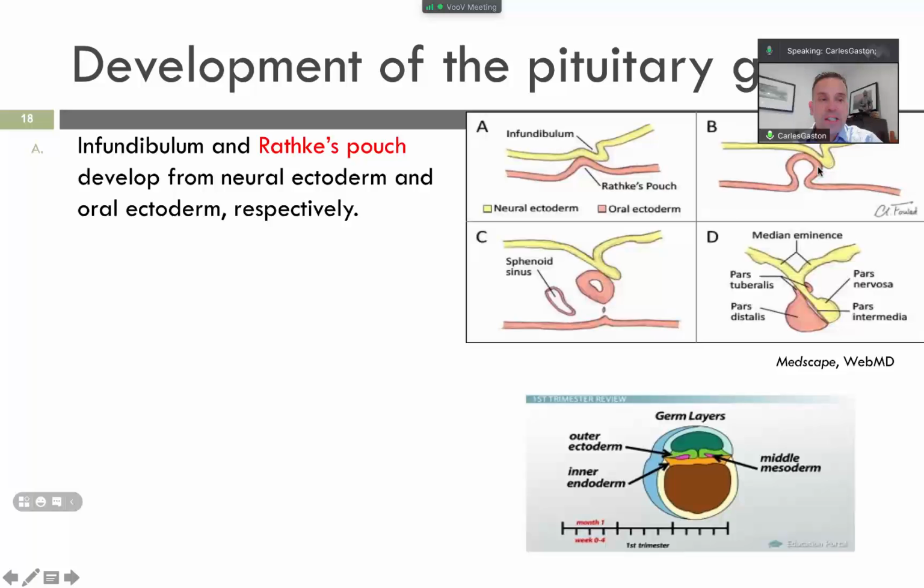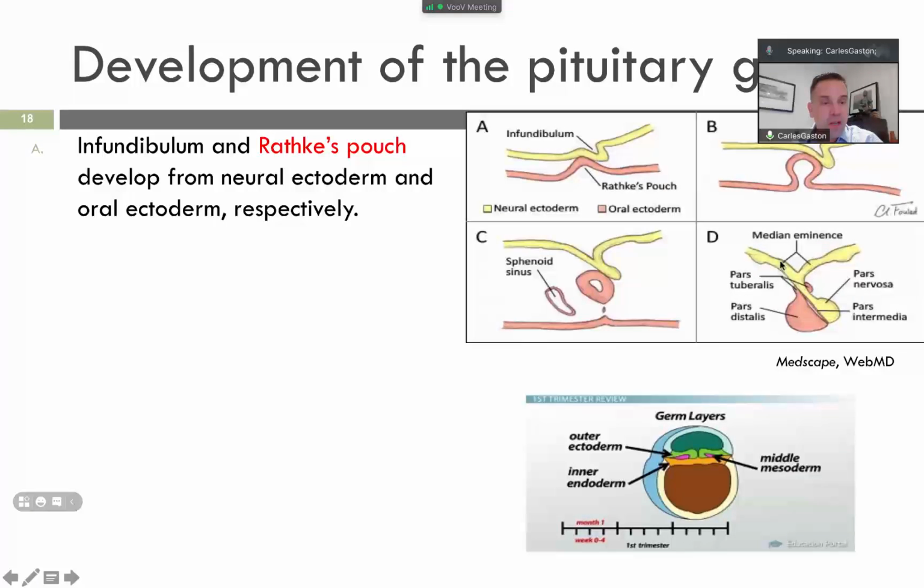There is a successive invagination of the Rathke pouch that touches the infundibulum. Then the oral ectoderm detaches from the oral cavity and forms this pouch, which is in contact with the posterior part, the infundibulum.